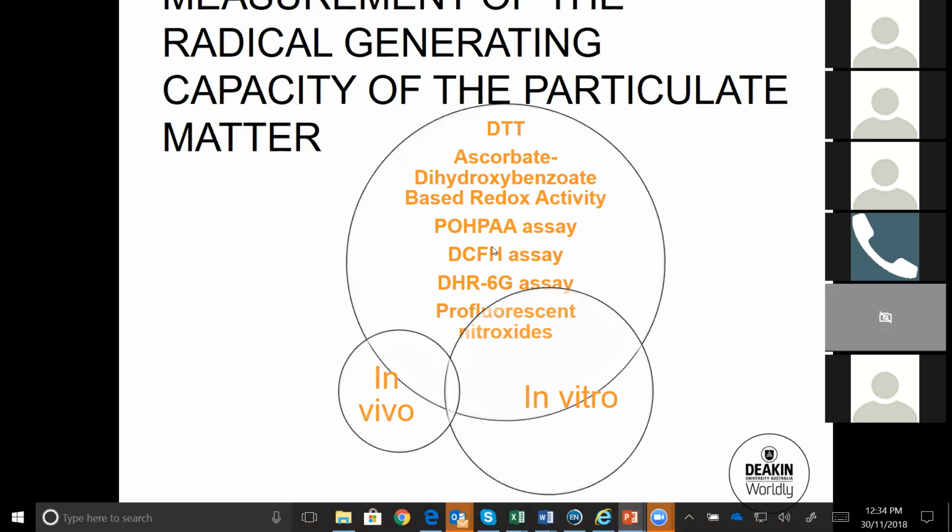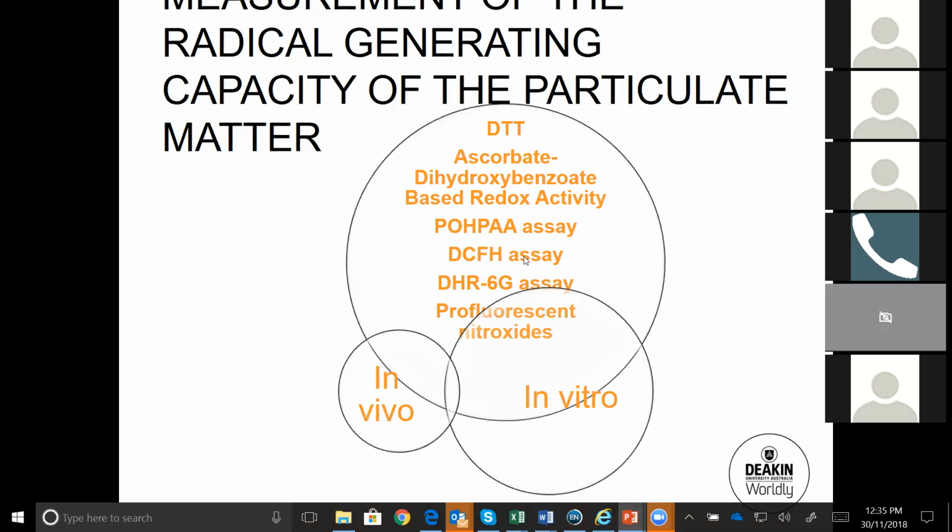DCFH, this assay here, is used in combination with horseradish peroxidase catalyst, and it is currently the most commonly used ROS probe in the literature for the quantification of exogenous ROS. This is due to its relatively simple fluorescence-based quantification, and its potential for semi-continuous monitoring and sensitivity.